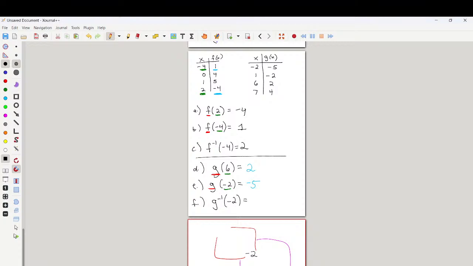So basically, this just means what X has an output of -2? 1. Now that machine diagram would go very well, right? So if this is G, it would have to be 1. Then -2 would go into the inverse. We'd have to give it back 1.